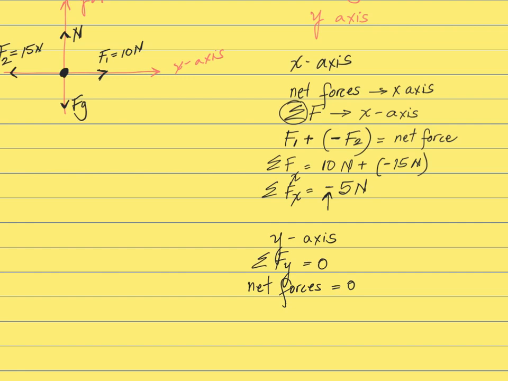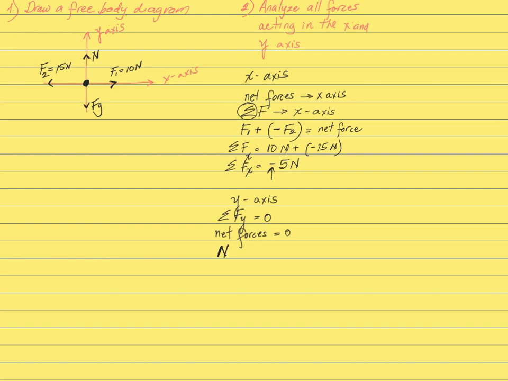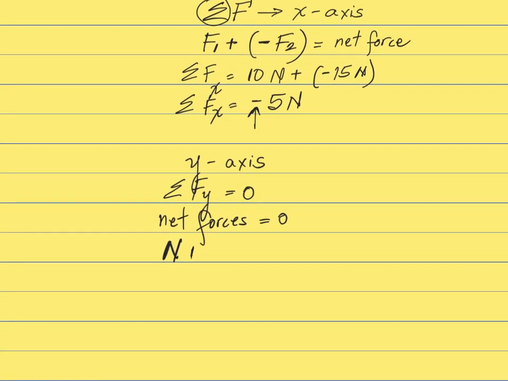Meaning, when you analyze this, okay, you have the normal force, which is positive because it's up, plus the gravity force, which is negative because it's going down. And as you can see over here, the normal force is going to be equal to the gravity force.